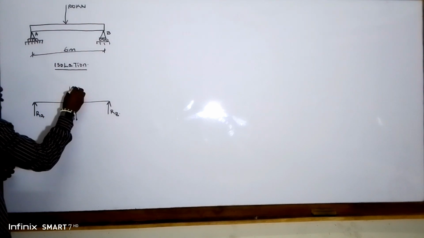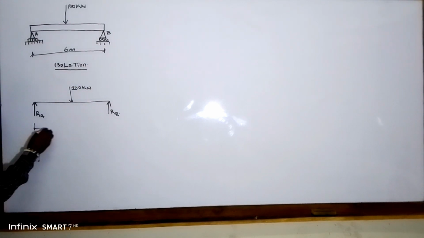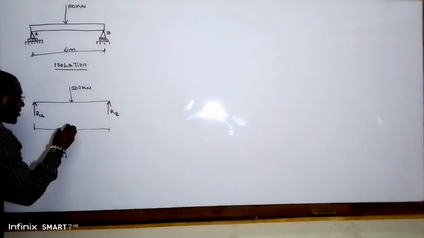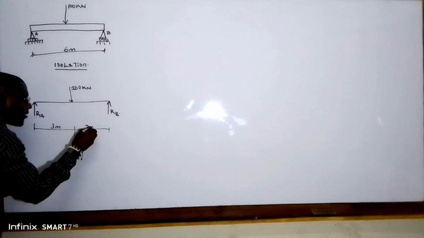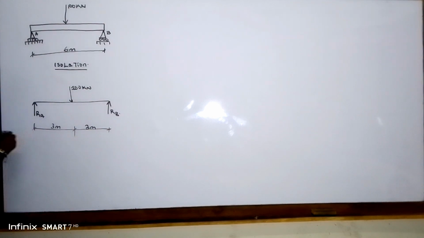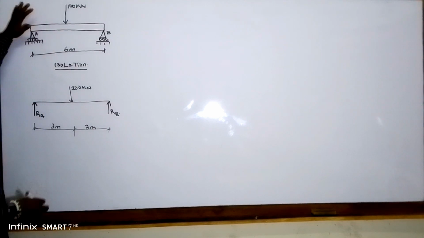We have 100 kilonewton over a distance of 3 meters. So guys, this is the free body diagram of this our structure or of this our beam.